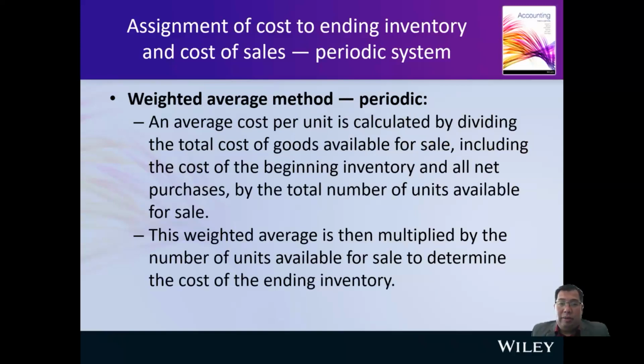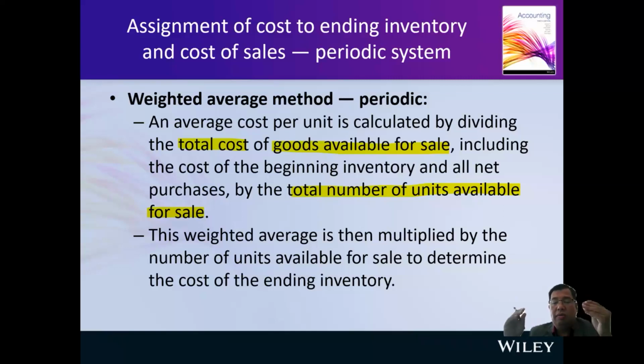The weighted average method, periodic. The average cost per unit is calculated by dividing the total cost of goods available for sale, which is the cost of beginning inventory and all net purchases, by the total number of units available for sale. We are calculating the total inventory cost divided by the number of units.